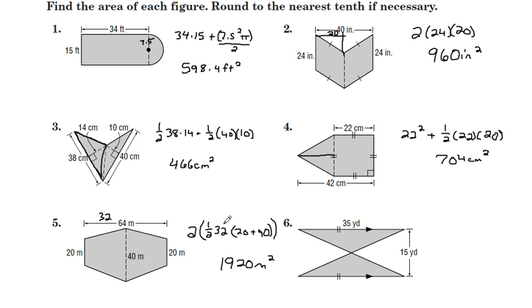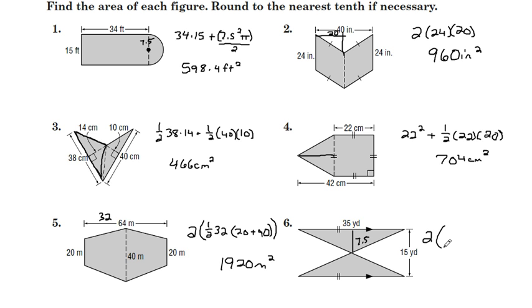For number 6, we have 2 triangles. It appears that the base of each of them is 35, and the height is going to be 7.5, cutting this 15 in half.